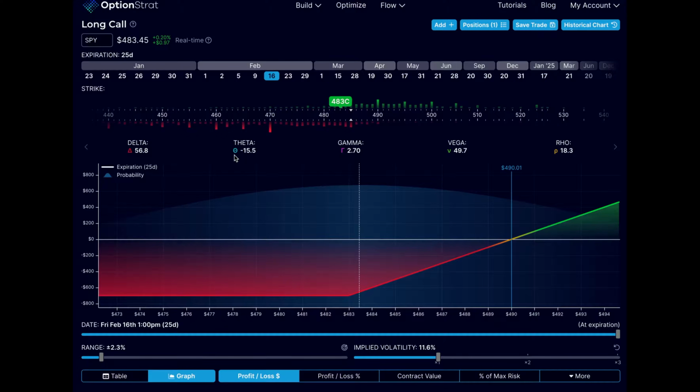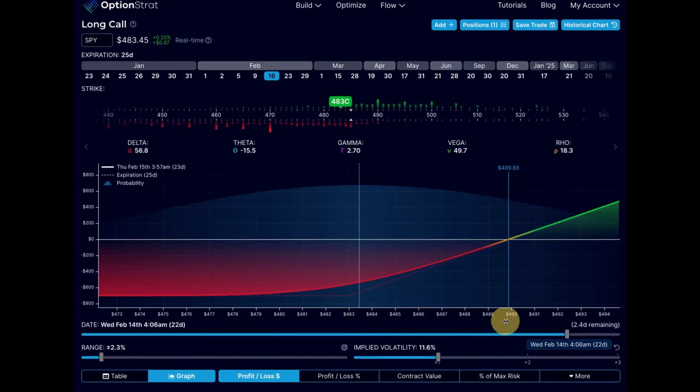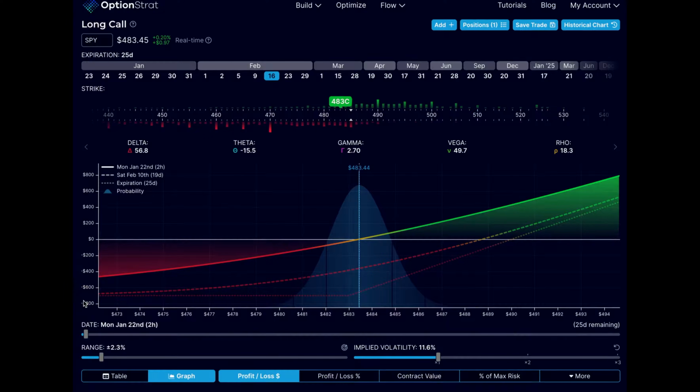I have to pay $15 a day to stay in this position. Gamma is a measurement of how quickly, when the market changes, delta changes. I'm not going to get deep into these, but just know that this is where all of your Greeks are, and you have availability, of course, to see and understand what's happening with those Greeks as well.